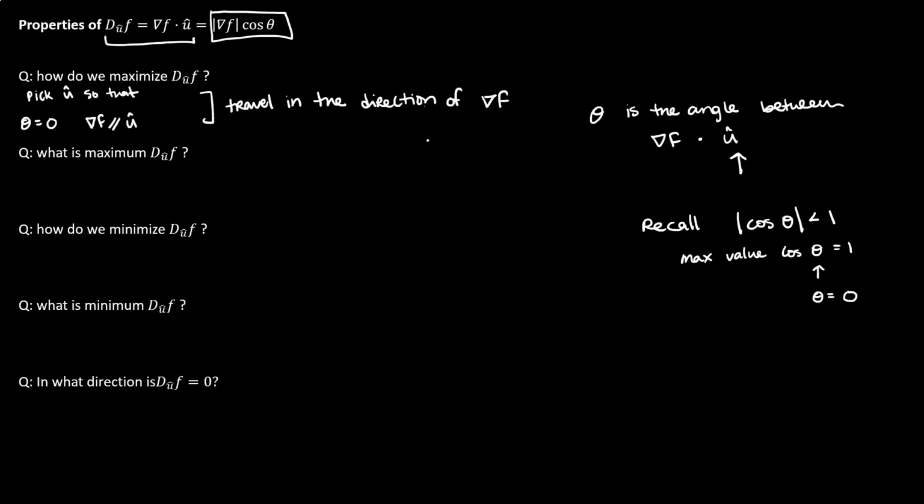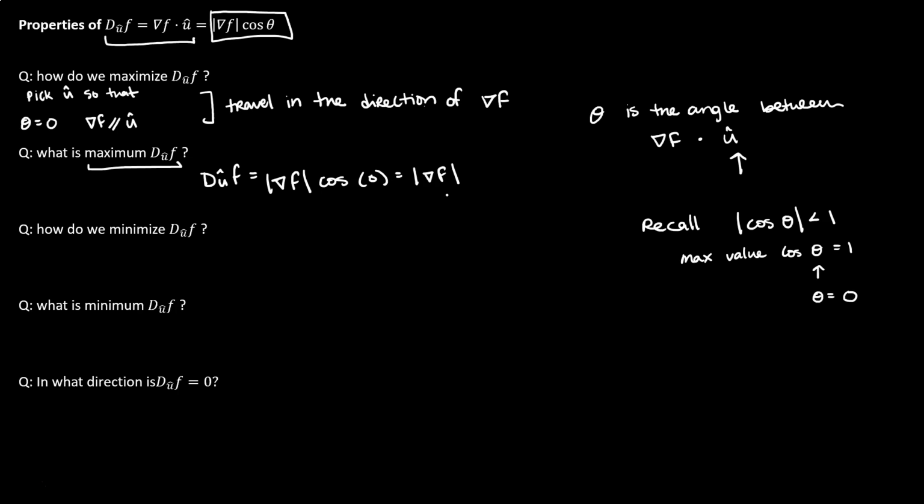When we travel in the direction of the gradient vector, we do create the maximum directional derivative, which we can calculate by replacing cosine theta with cosine 0. Cosine 0 is equal to 1, so the maximum directional derivative is simply the magnitude of the gradient vector.